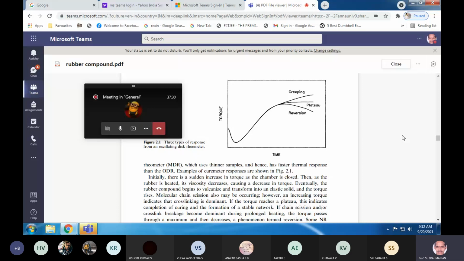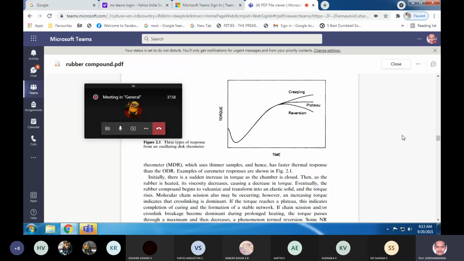So reversion is a definite limiting factor in case of NR and butyl rubber. You follow? And every effort is taken. The compounder looks at pushing the reversion to plateau.